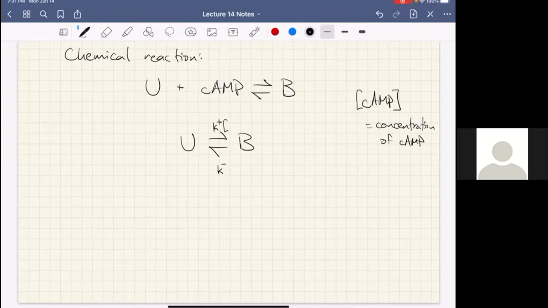So if you had square brackets around a chemical species, that means its concentration. Again, by the principle of mass action kinetics, the forward reaction is proportional to the concentration of cAMP, but the backward reaction is not. The backward reaction is only dependent on the number of B. We'll assume that's constant, so the reverse reaction rate here is a constant.